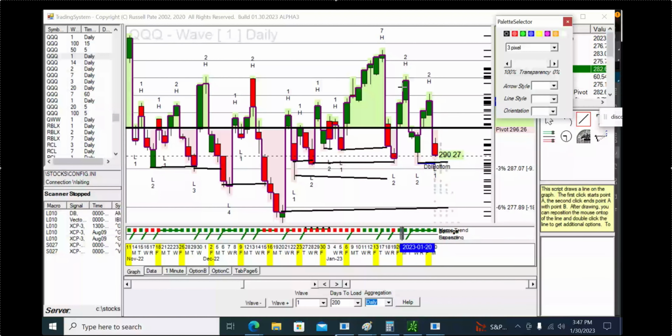So what I do is not to get freaked out, because when you're watching intraday, you can sometimes get freaked out. You're like, oh my God, it's going through the vector, or it's crossing my moving average, whatever. So sometimes I come in here and watch the action through the candle.